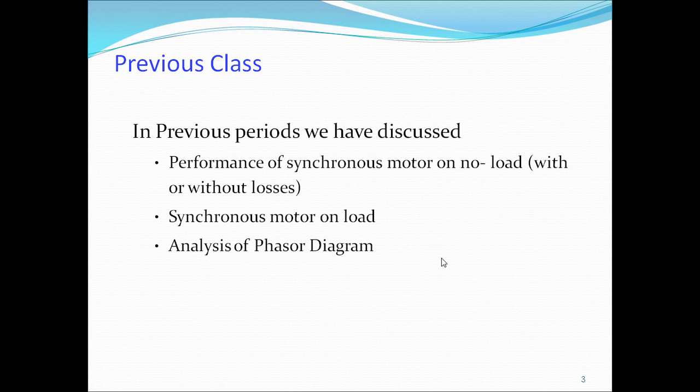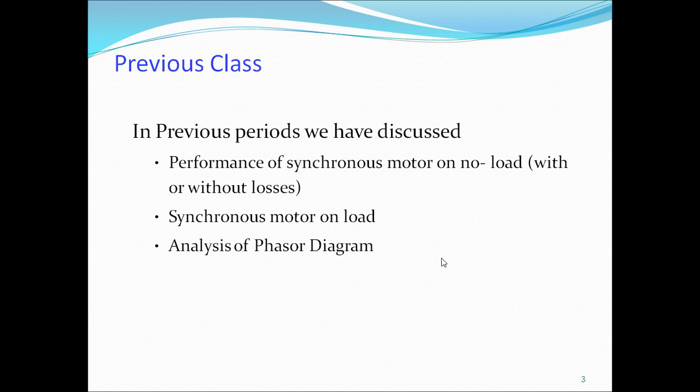As in no load and no losses, both the rotor pole and the stator pole are along the same axis, that is, the load angle, the difference between these two poles, is zero. Because of that, back EMF EB and supply voltage V are equal and in opposite direction.